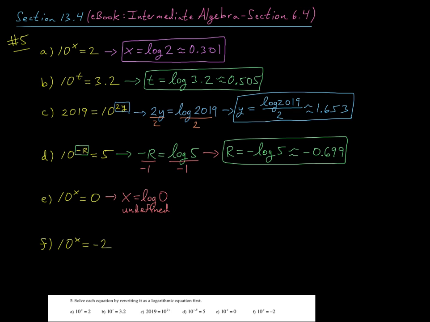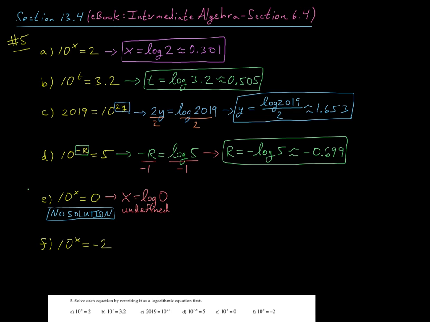And so our conclusion ultimately here, if this is undefined, would be no solution. Why is it undefined? Well, can I raise 10 to some number and get 0 out as a result? And the answer, according to what we're seeing here with the logarithm, is no, we can't.